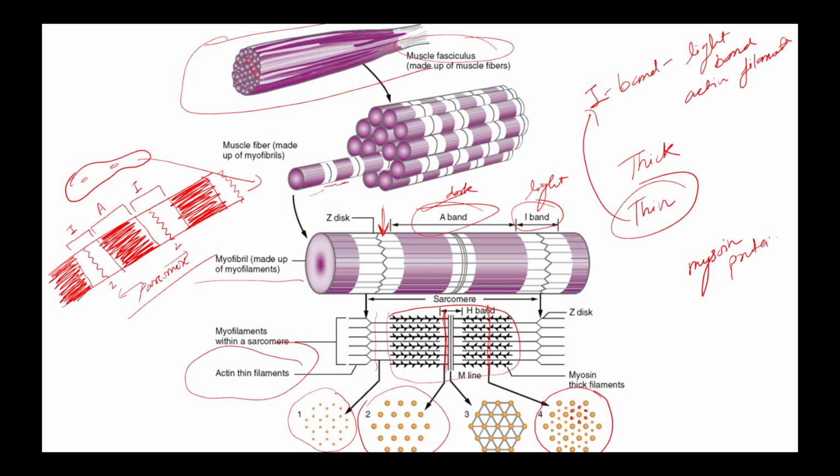Geometry-wise, each individual myosin filament is surrounded by six actin or thin filaments. Similarly, one particular actin or thin filament is surrounded by three myosin filaments. That is the beautiful geometry of this sarcomere, and you will always find it like this.